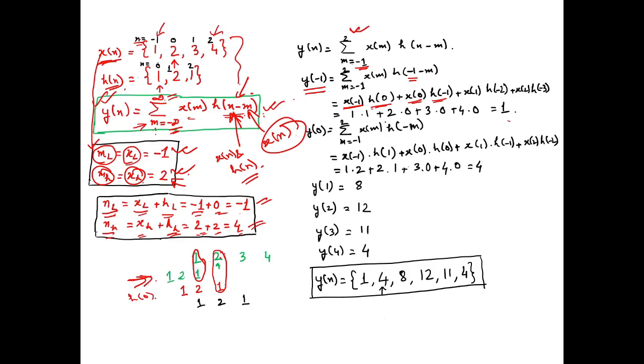So see, same here, 1 multiplied by 1. When we go to y of 0, see, 1 multiplied by 2 plus 2 multiplied by 1. This is 4. Similarly, you have all these other numbers, and then we get this output, right?